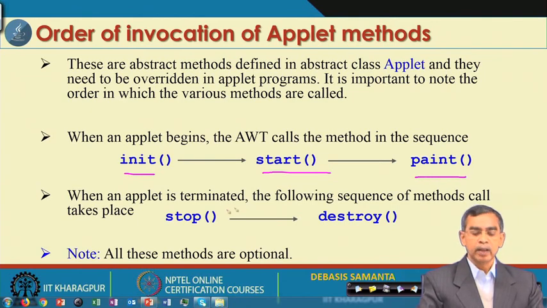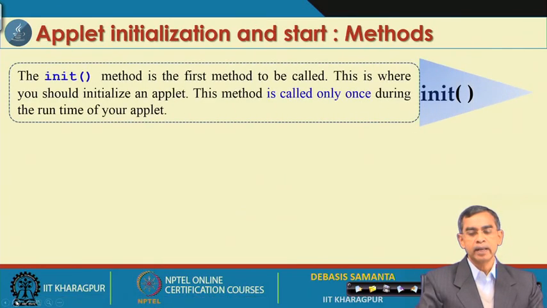If they are defined in your applet program, they are executed in that order, and finally stop and then destroy. So order is very important, and we will give an example so that you can understand how the order matters.